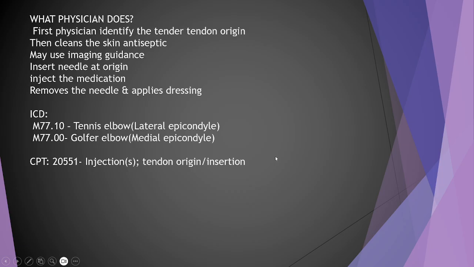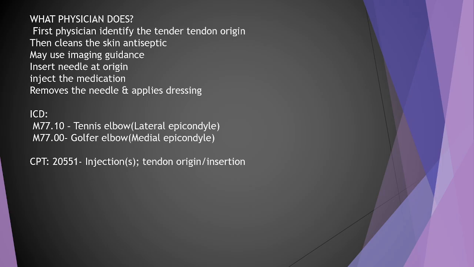Okay. Now, what will the physician do in a tendon origin injection? Before coding the ICD and CPT, we have to know what a physician does. So first of all, the physician will identify the tendon's origin.